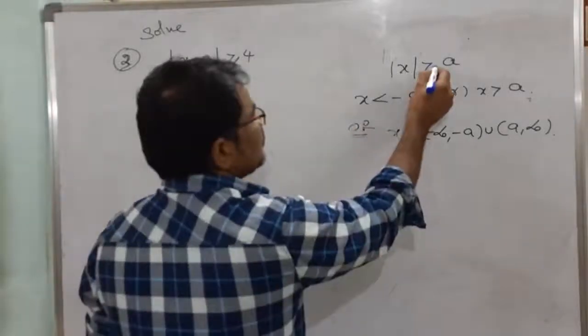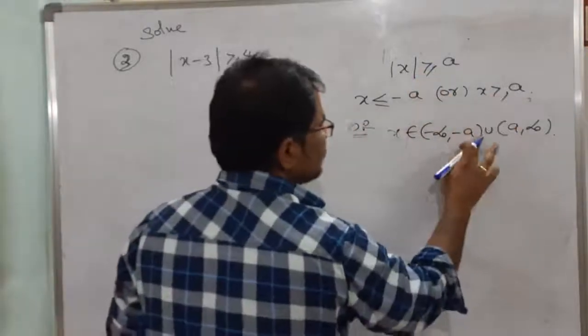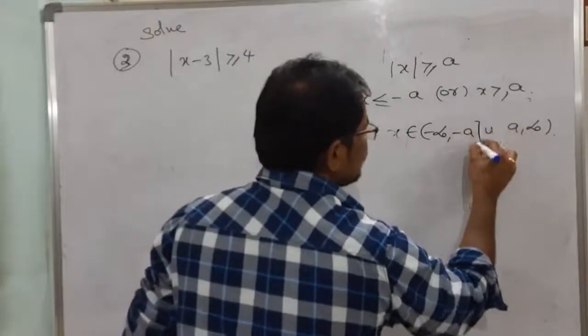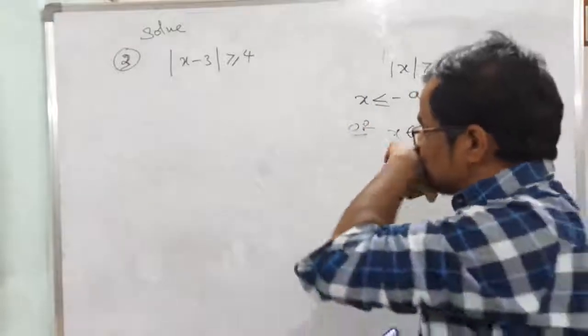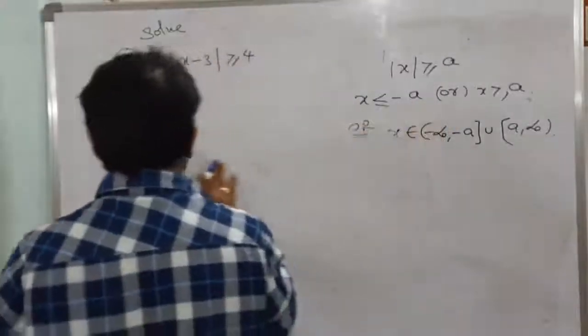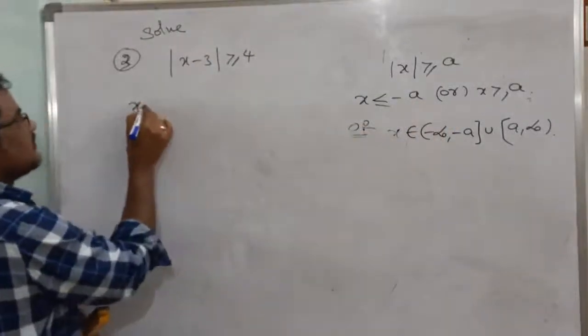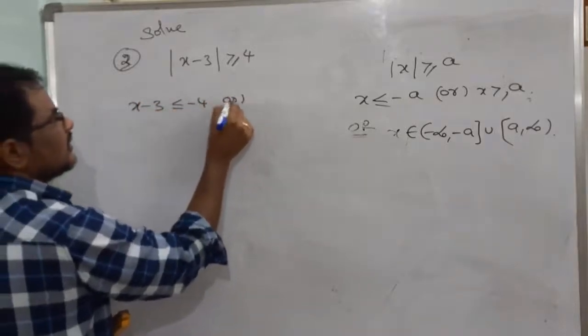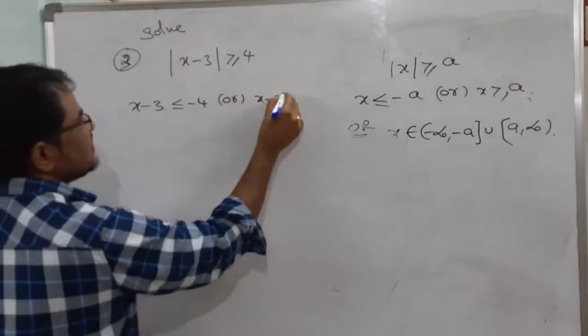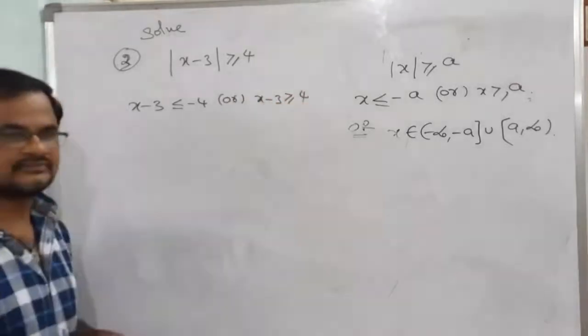So here equal to, here equal to, here what we have to take? Closed interval we have to take. Clear? Now, by that condition, x minus 3 less than or equal to minus 4 or x minus 3 greater than or equal to plus 4.